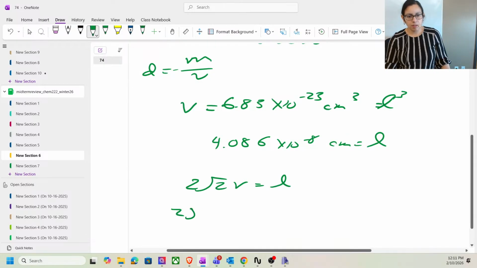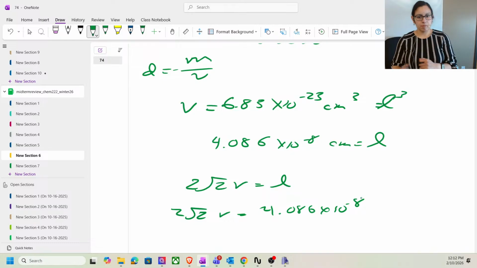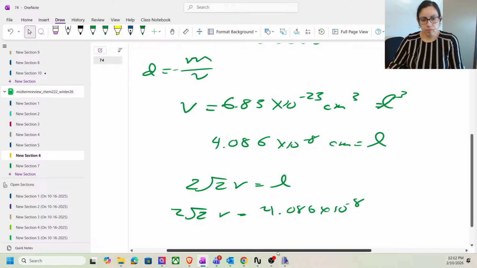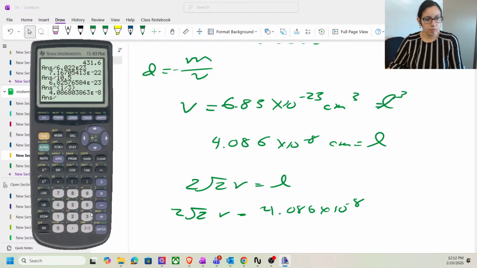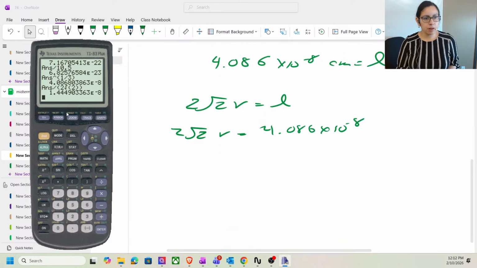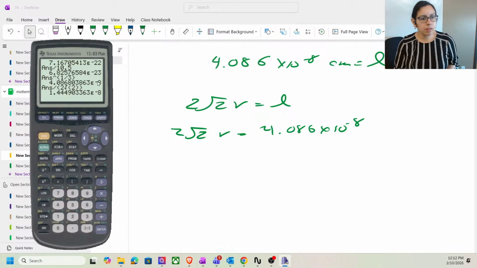So this is L. And so I get about 1.44 times 10 to the negative 8 centimeters.